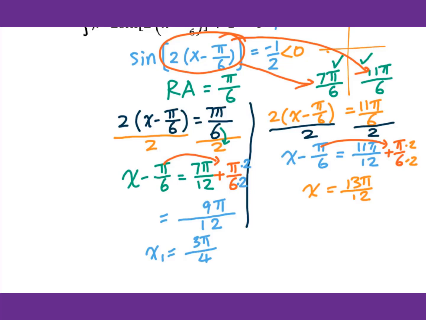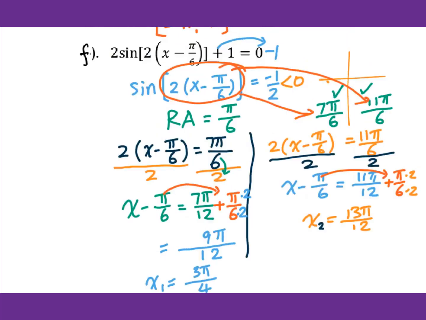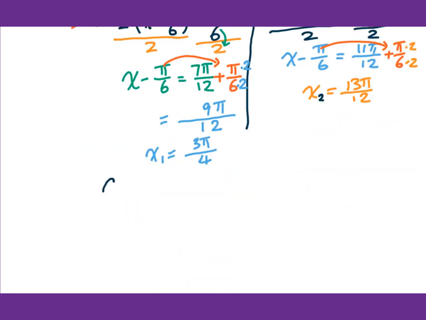That's your x2. Period for this sine function, that's 2 pi over b, b is 2. So I got pi. Therefore, for general form, that's 3 pi over 4 plus pi times n.